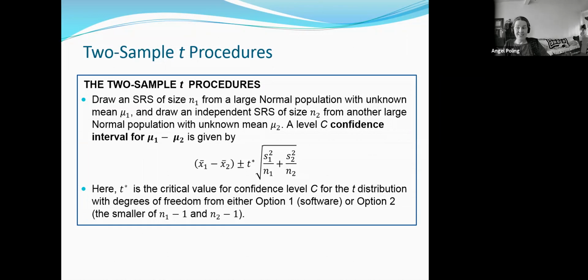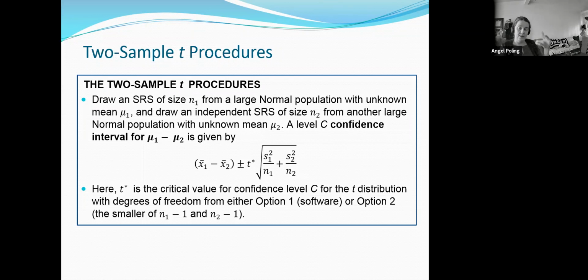A level C confidence interval for the difference between the population means, so mu1 take away mu2, is given by the difference of the sample means plus or minus t star times the standard error.